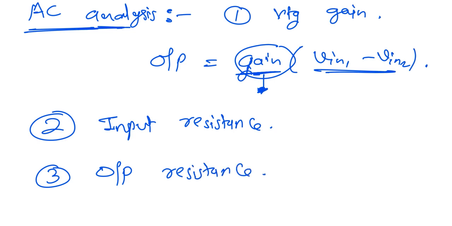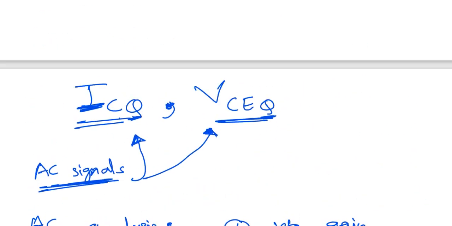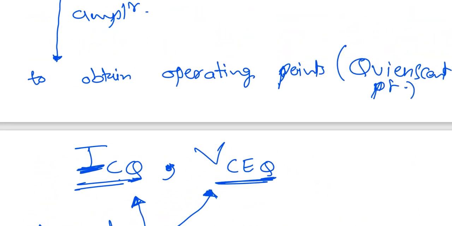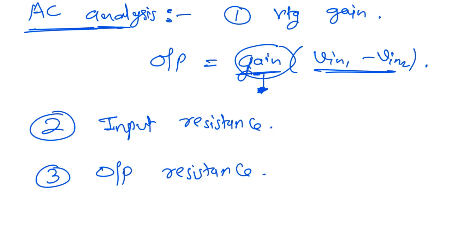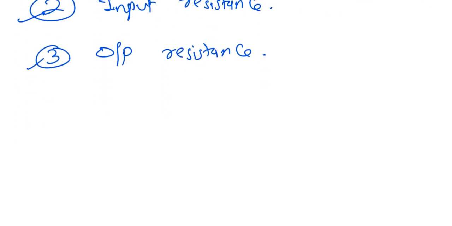So we will get these expressions after performing AC analysis. What is the purpose of DC analysis? To obtain the operating points, ICQ and VCEQ. इतना DC करंट, इतना कलेक्टर टू एमिटर DC वोल्टेज रहना चाहिए ट्रांजिस्टर को. AC एनालिसिस से हमको वोल्टेज गेन का इक्वेशन पता चलेगा, इनपुट रेजिस्टेंस का इक्वेशन पता चलेगा, आउटपुट रेजिस्टेंस का इक्वेशन पता चलेगा.